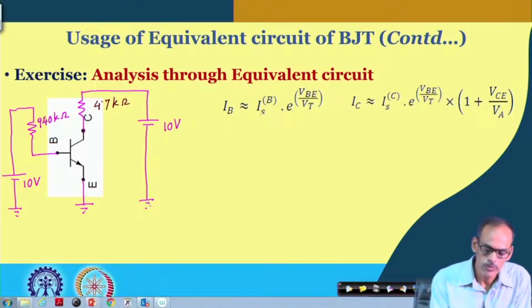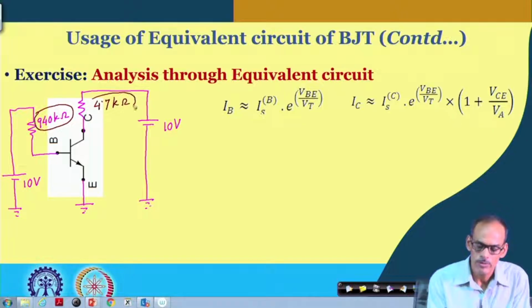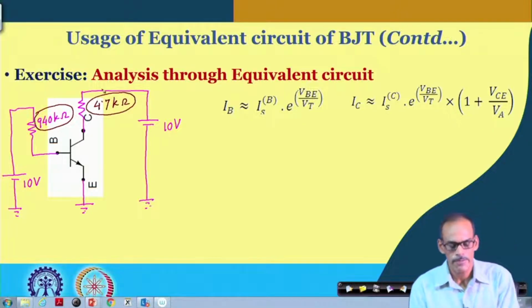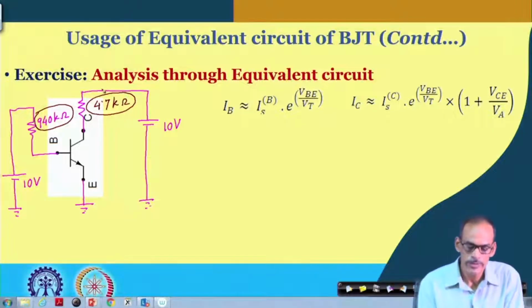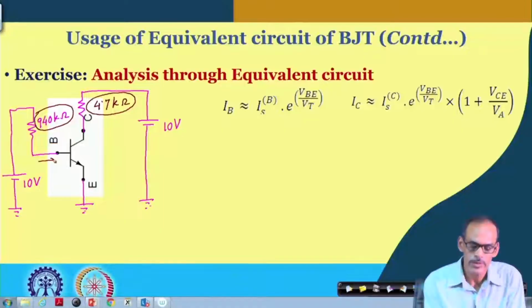Now, to move forward, let you assume that whatever the condition we have, most likely the device is in the active region of operation, namely this junction is getting forward biased. Obviously, we have 10 volts. So, even though we have high resistance here, it is still making the base to emitter junction forward biased, and of course, the base current gets multiplied by beta. So, then it has the corresponding collector current.